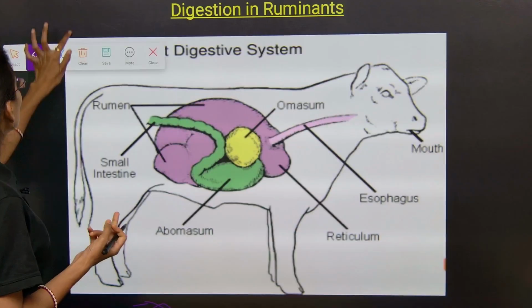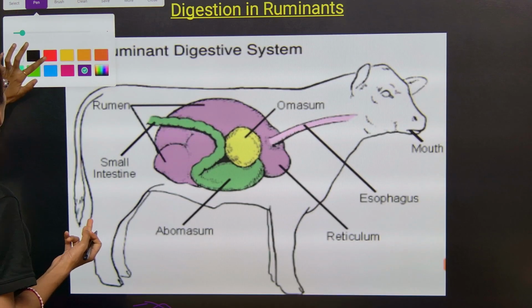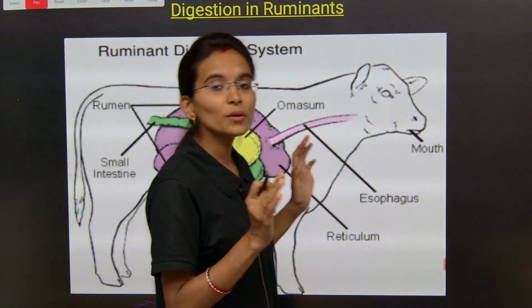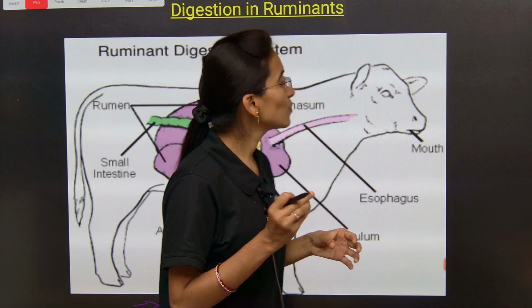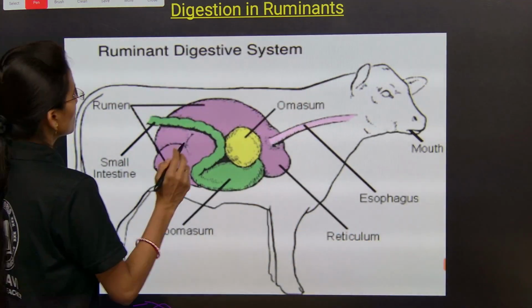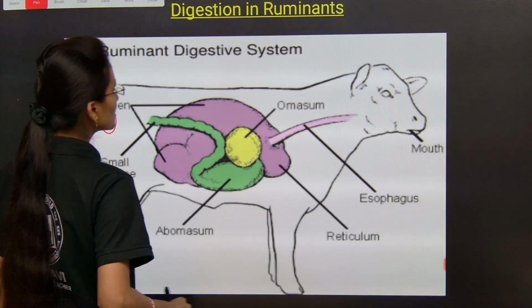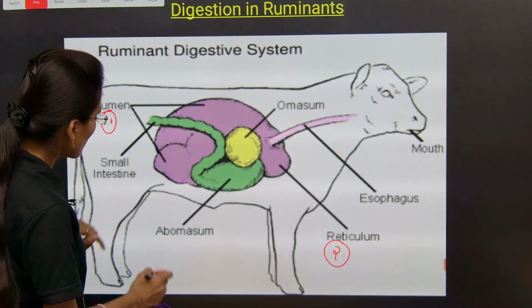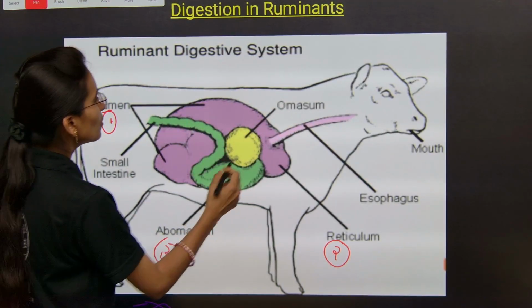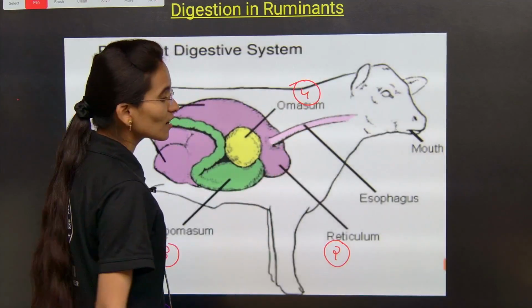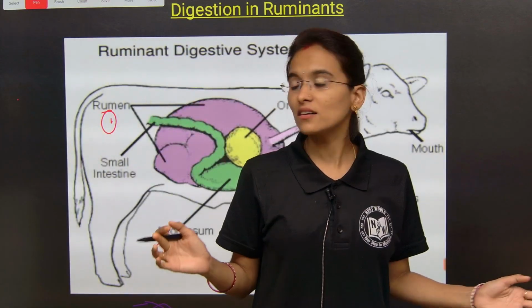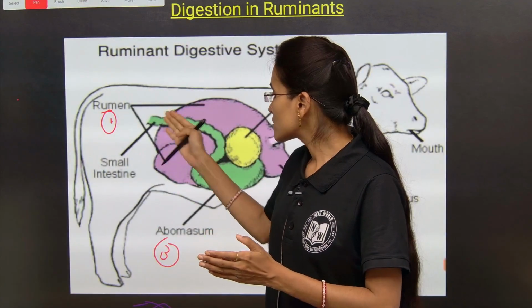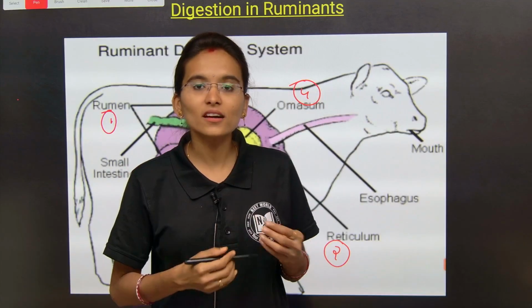In these herbivores the digestive system has been divided into 4 main different parts. What are they? Rumen, next reticulum, and next abomasum and omasum. These are the 4 main parts of the digestive system in ruminants.